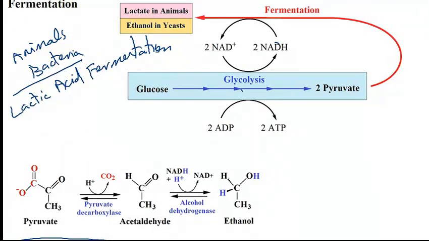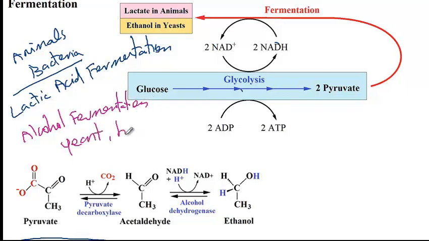So that's lactic acid fermentation that is seen in animals and bacteria. And then finally, we have ethanol or alcohol fermentation, which is seen in yeast and some bacteria, where pyruvate, with the help of pyruvate decarboxylase, is converted into acetaldehyde, this process releasing a CO2, as a consequence of which now we have a 2-carbon molecule.